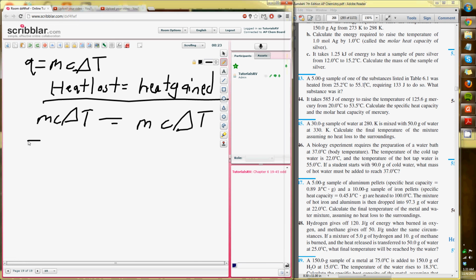So that's 50. And then since both substances are water, C cancels out. You can put it in, but it's not really relevant. It's going to have the same calculation, but you're just going to have weird decimals because heat capacity for water is 4.18.